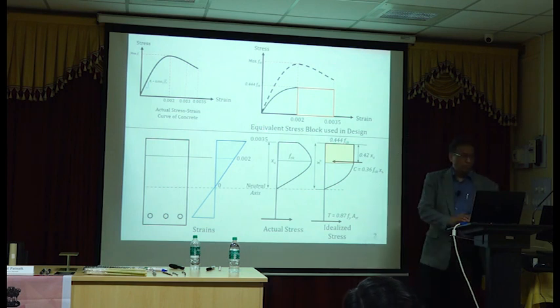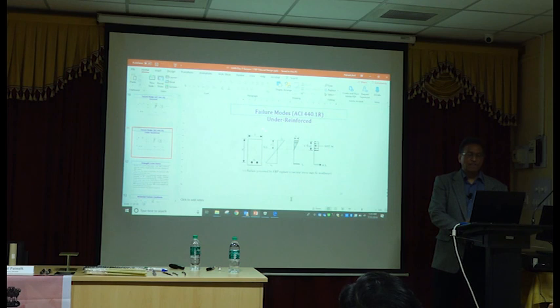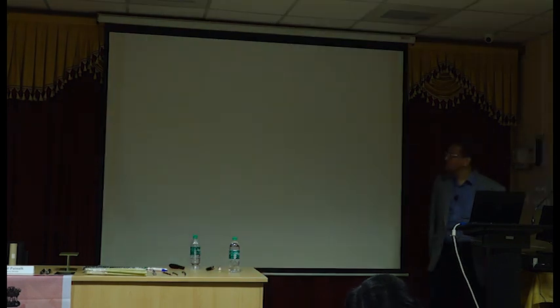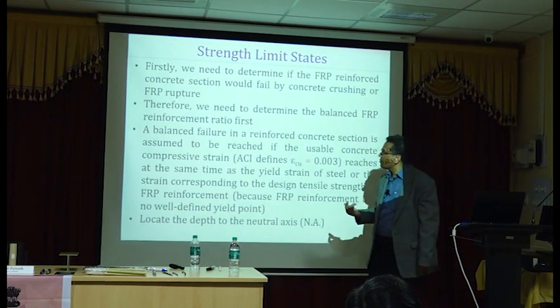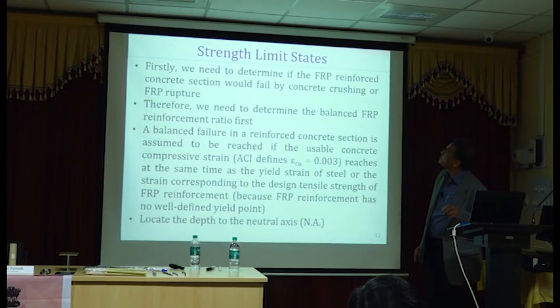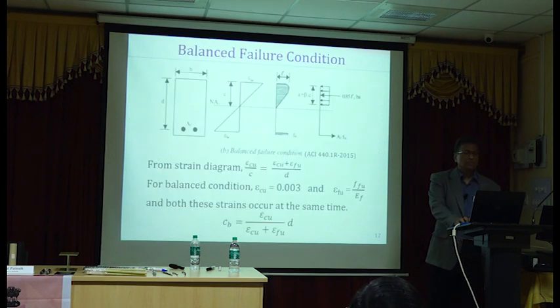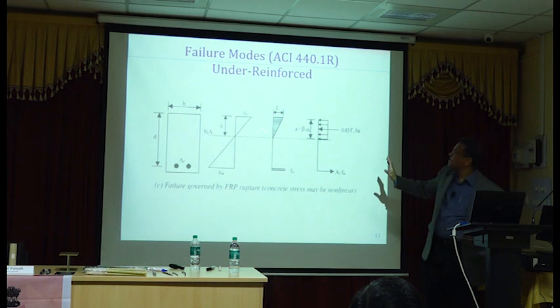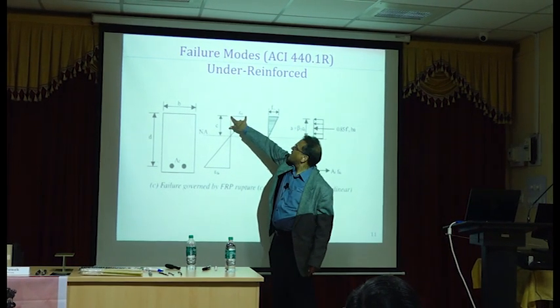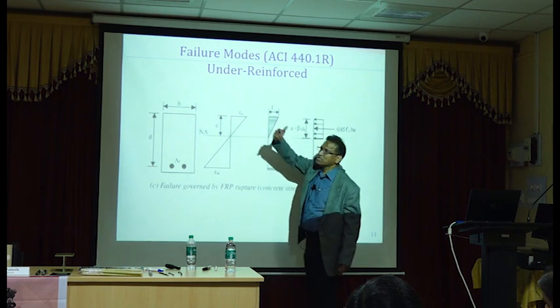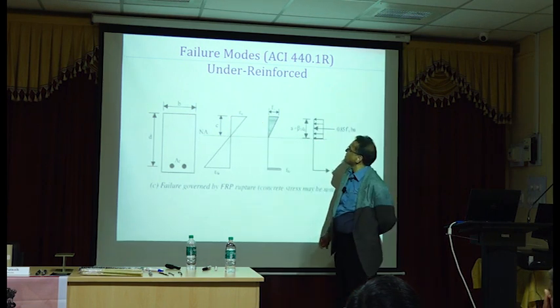So designing an under reinforced section in case of FRP reinforced beams is more complicated. It's not that it cannot be done, but it's more complicated. So that's our under reinforced section. So this strain here is less than 0.003 or 0.0035 in case of IS 456.